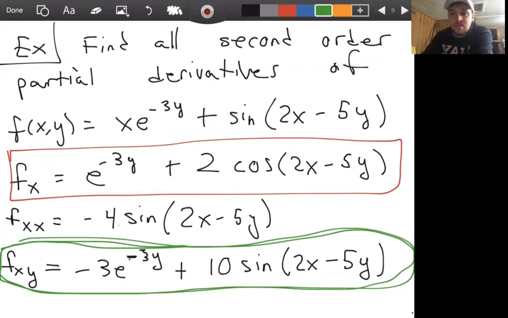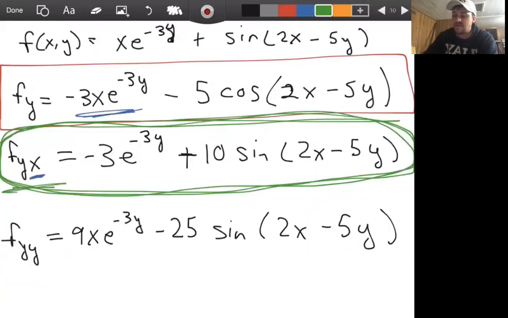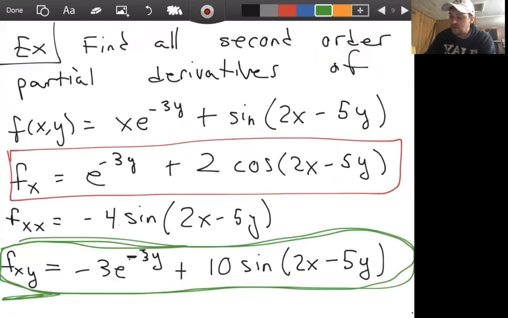And what made me catch the mistake is that these were different. There's actually a theorem that says the mixed partials are equivalent. And so it's no mistake that f sub xy is the same as f sub yx. And that's how I caught that I made an error, because I said, okay, well, this isn't the same as what I calculated here. And so I knew something was wrong.